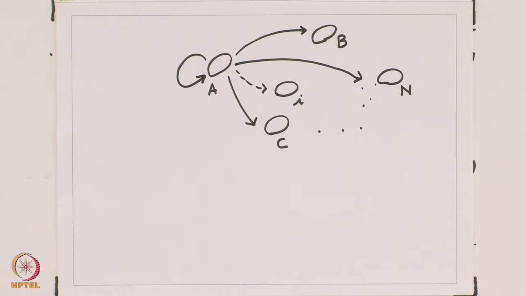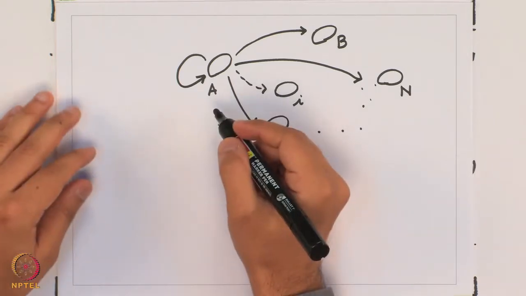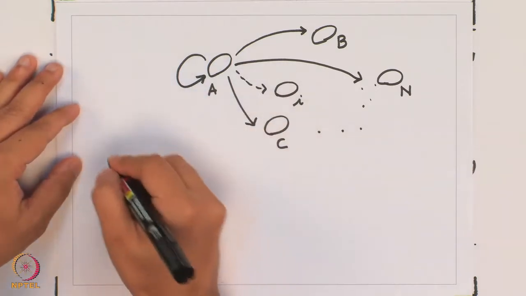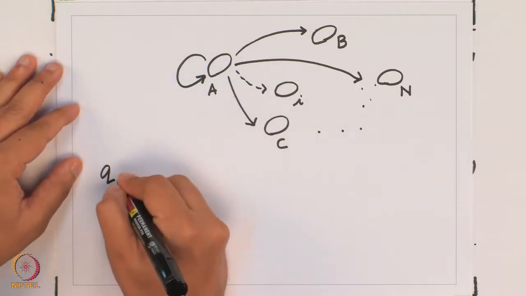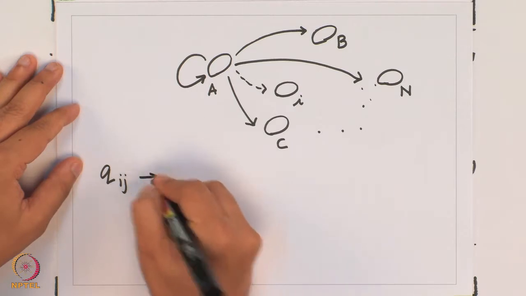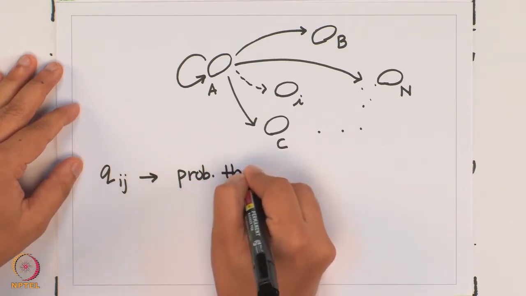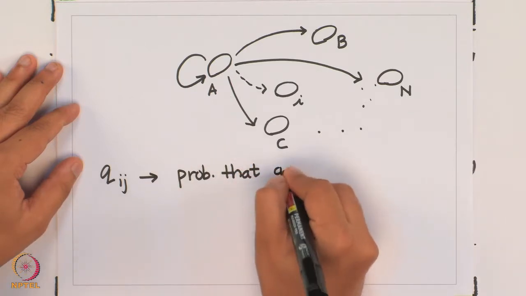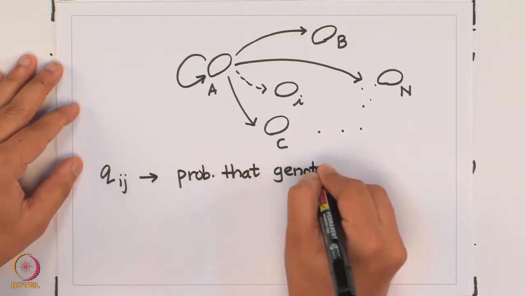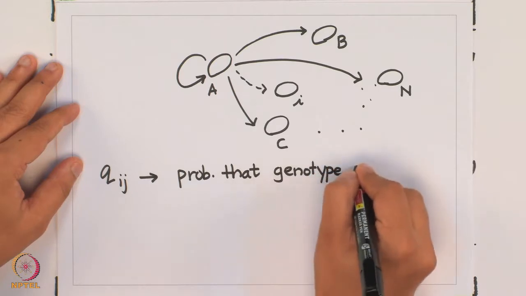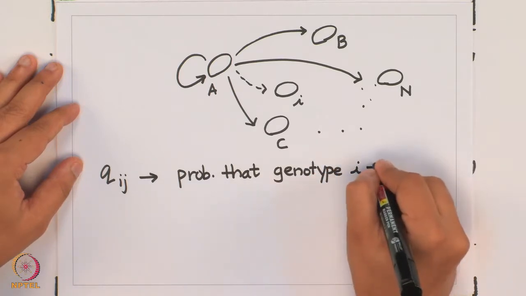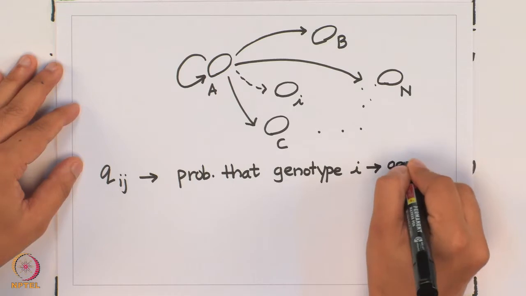One is all the arrows which are leading out from a node, such as this. So remember, Qij was defined as the probability that genotype I on division gives me genotype J.